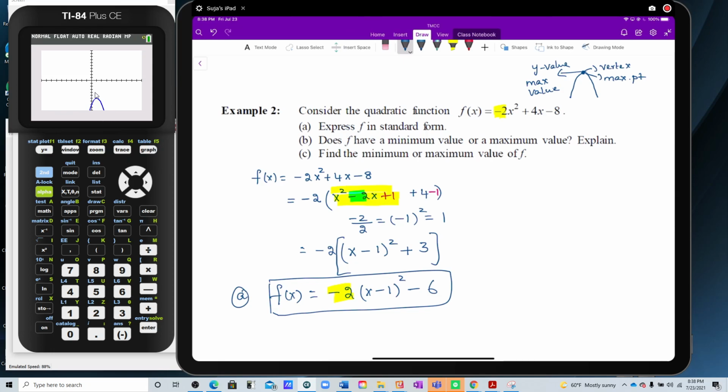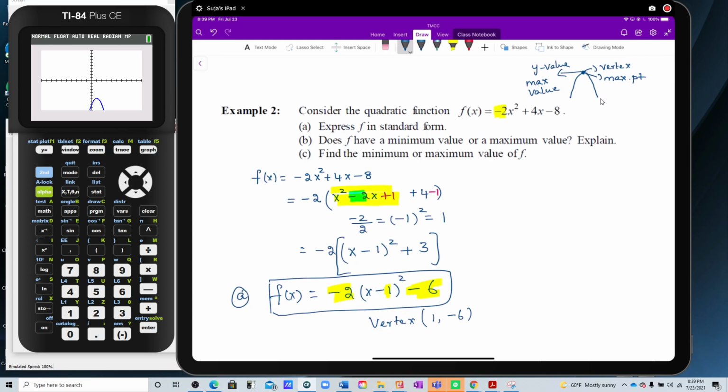And you see here the vertex. It didn't ask for the vertex in this problem, but the vertex is going to be +1 comma -6, which would be this value and this value. It's verified from the graph, and the graph is opening downwards.